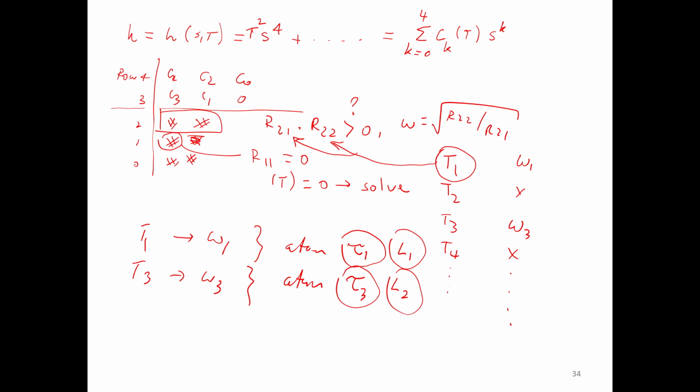So now we have two sets of infinitely many delay values, each set causing a crossing at s equals j omega 1 or s equals j omega 3. And now we need to investigate how each crossing is happening across the imaginary axis, whether in the positive or the negative direction across the imaginary axis.